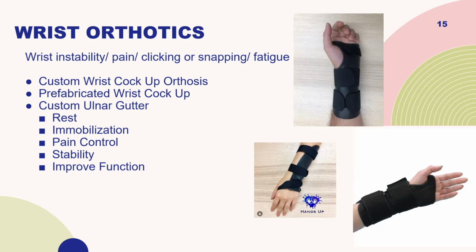So depending on the location the patient is presenting with more instability and or pain, we will decide which splint is appropriate for the patient. The ulnar gutter splint, unfortunately, does not come as a prefab. However, the wrist cock-up does come as a prefab, and we have a photograph of that there. So depending on the patient, their insurance, and what would be easier for them, they can either get the custom one or the prefabricated one.